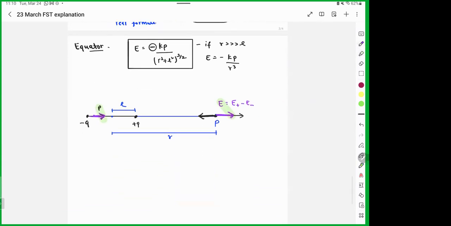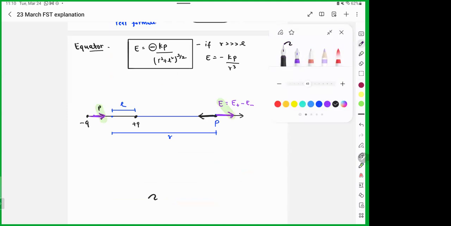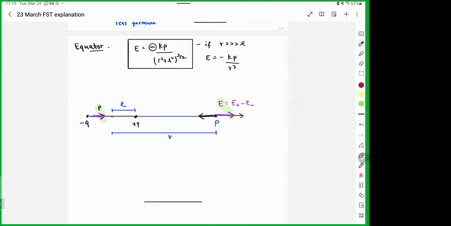Now come to the equator point. This is the same dipole, minus q, plus q, same distance L, and because we say that this is the perpendicular P point, you will consider this distance. Example, if this is R, it will be under root R square plus L square. Correct?